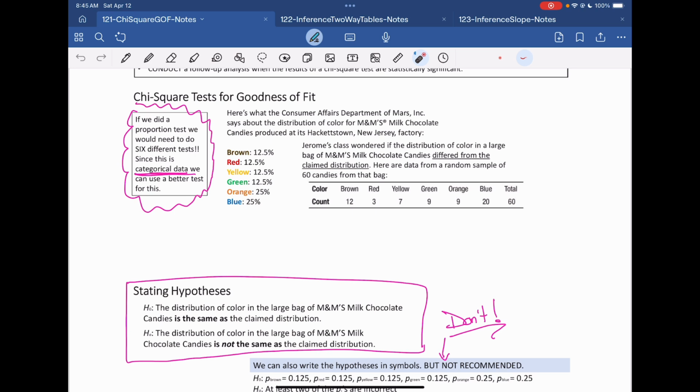But in a specific instance where we sample 60 candies from a bag, we might not get this exact proportion. From 60 candies, this is what actually happened. These are called observed counts. So you grab 60 candies, a random sample somehow, and then you count how many of each color.